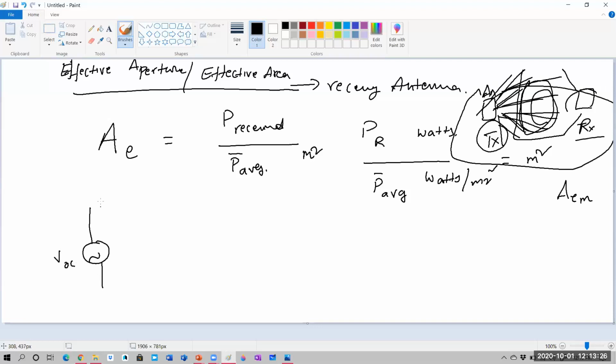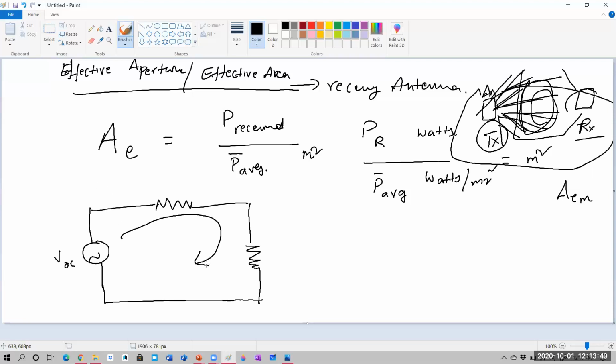This one is the load, and this is a circuit. Current flows in this direction, and here the electromagnetic waves may flow. Here Z equals R radiation, the radiation resistance, plus jX. Here the load equals R radiation minus jX.